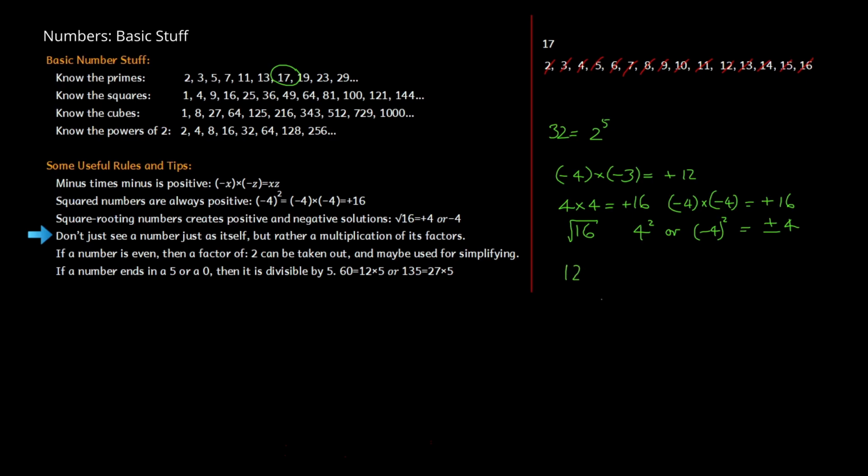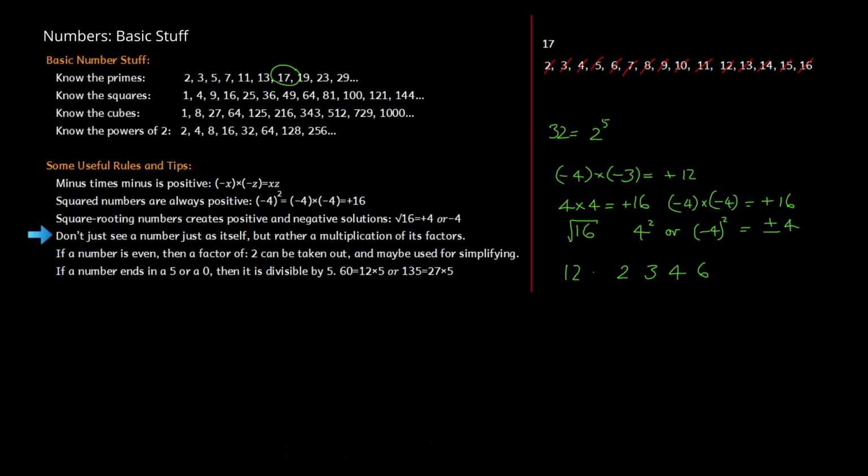So that line that's highlighted there is a useful technique. If I just write down 12, what numbers below 12 go into it without leaving a remainder? Well, 2 will go into it. 3 will go into it 4 times. 4 will go into it 3 times. 5 doesn't work. 6 will go into it twice, and everything else above 6 can't go in because we're above halfway.